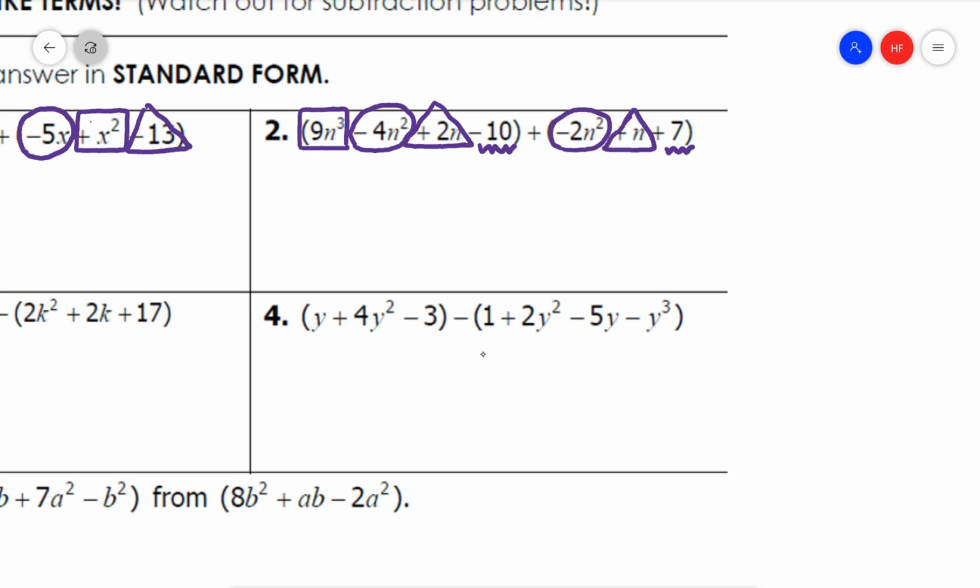The highest degree, the highest exponent that I have is the cube, so that's going to go in the front. It is the only cube, so nothing on it will change.